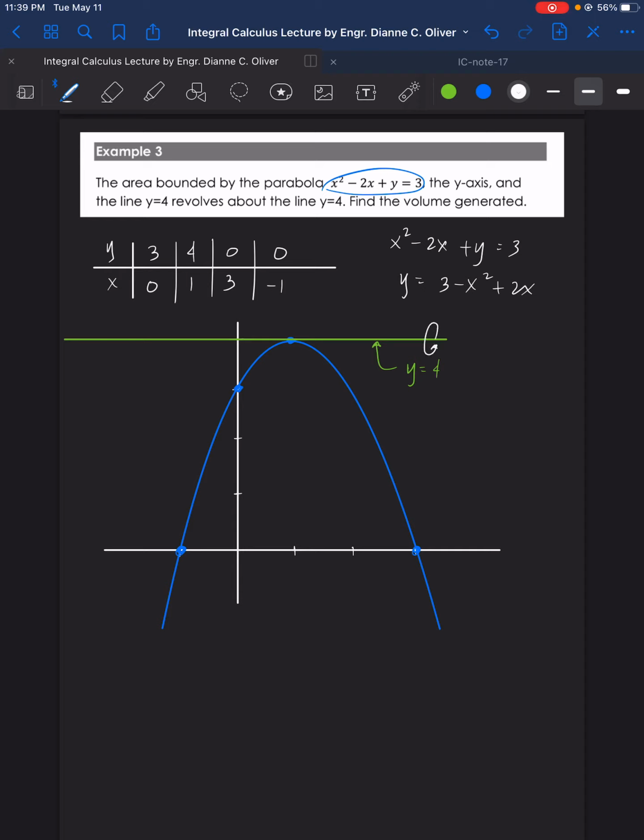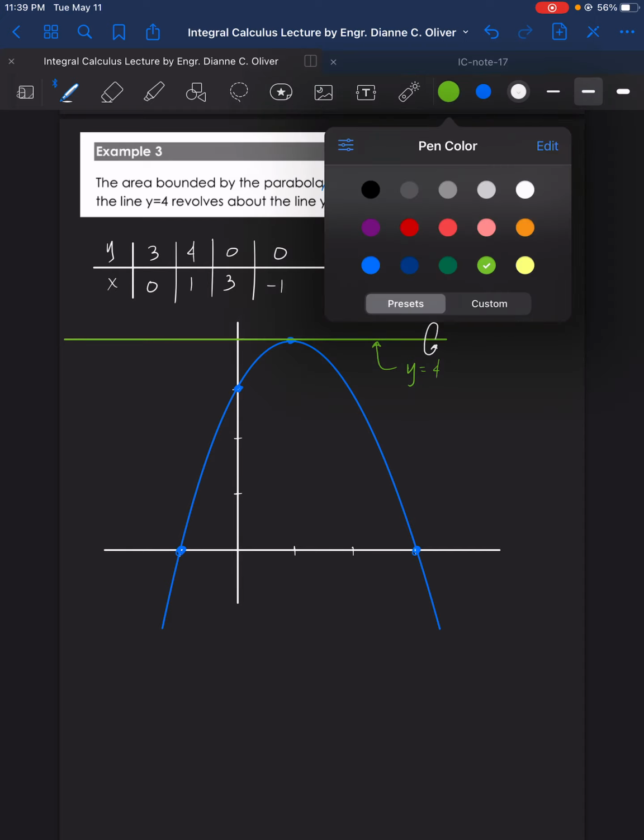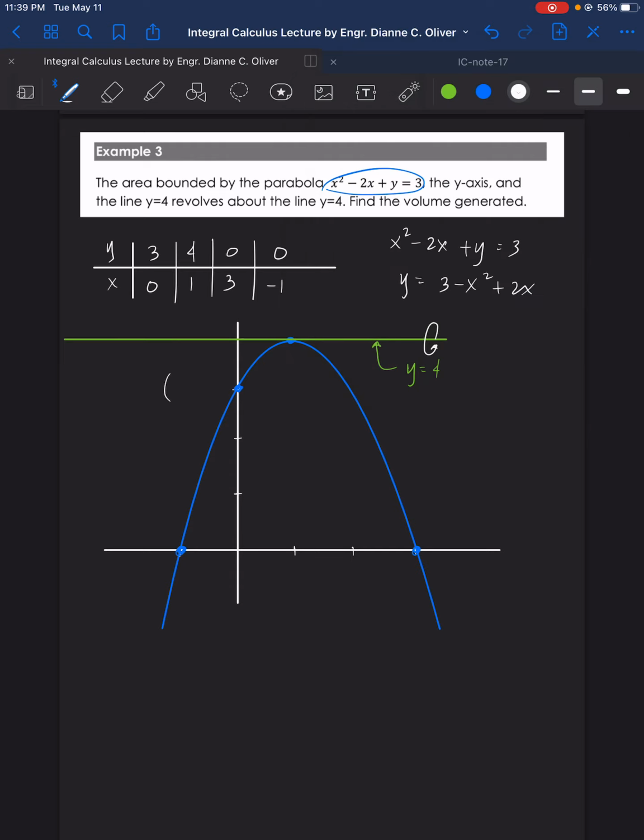Now, let's put the limits first, the coordinates. So we have here 0, 3, and here we have 1, 4. So we plan on using the vertical area strip. So we have here dx and we have y.